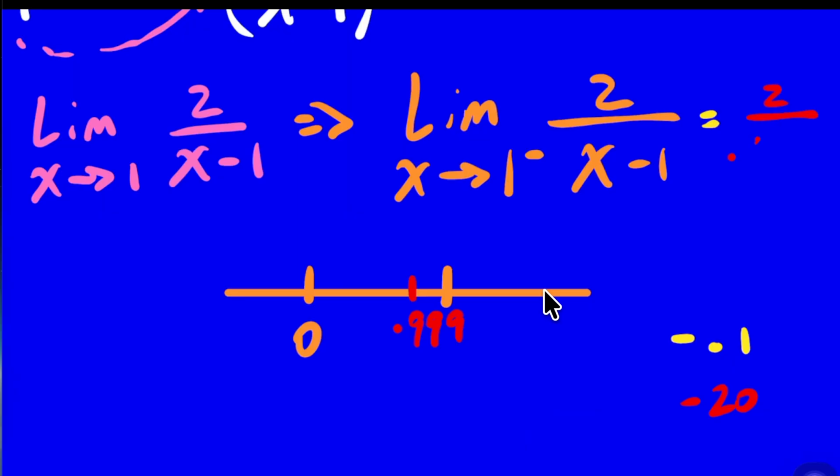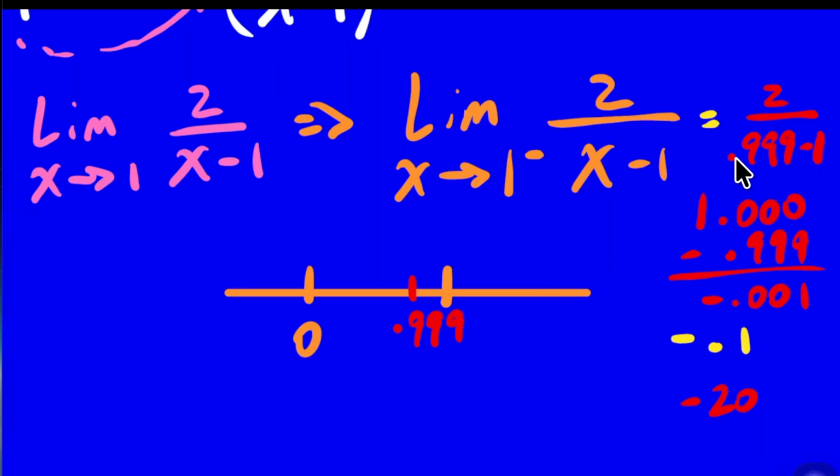So that means we're going to do 1.00 minus 0.999. And here, folks, we're going to get 0.001. It's going to take the negative sign because, again, big minus small, and you take the sign of the big number. Now what we have is negative 0.001 in the denominator.